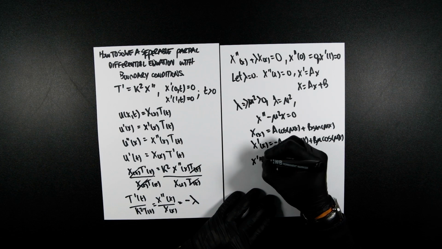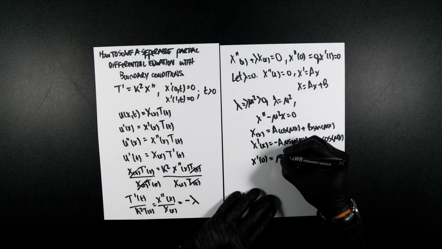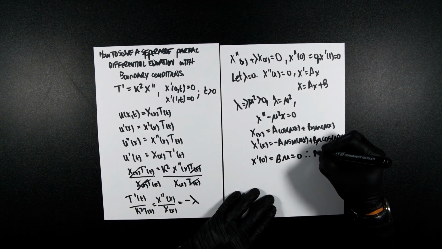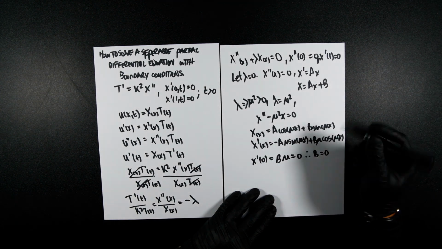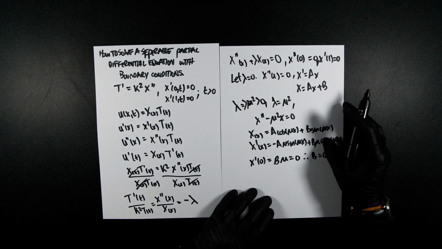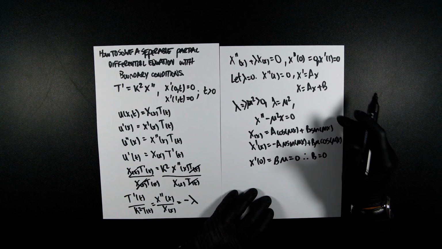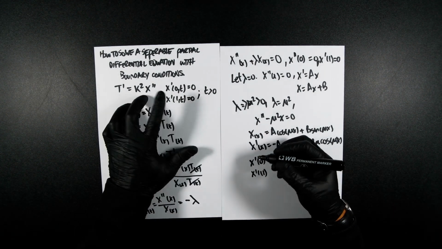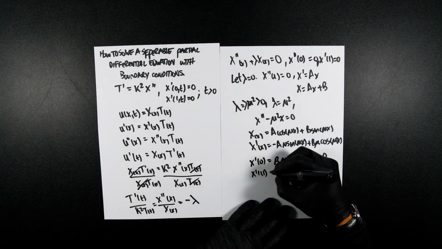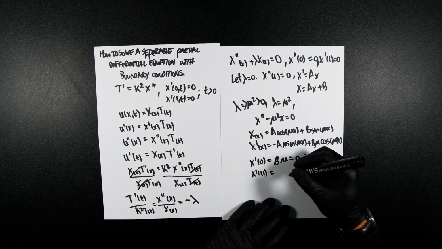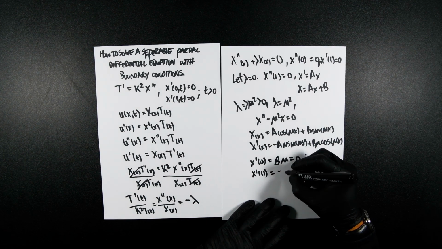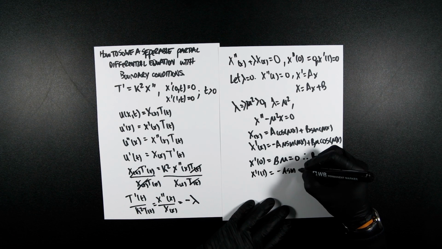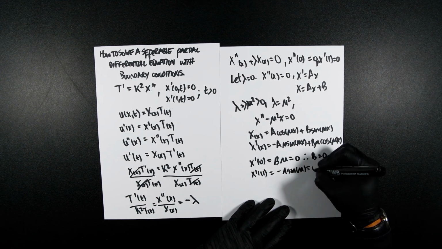We've got x' when it's 0 is going to be b mu, which equals 0, therefore b equals 0. So I've just basically slapped that in here to this second part. And then let's do it when x' is 1, because remember, they gave it up here, so it's going to be minus a sine mu, which equals 0.